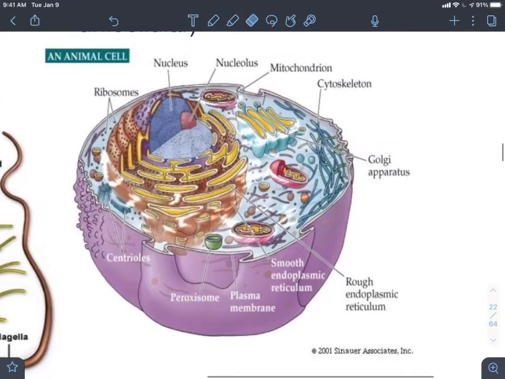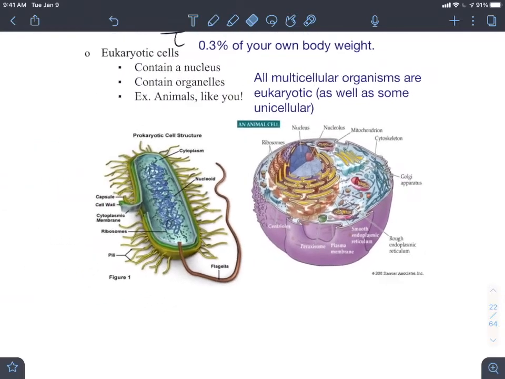Over here in the animal cell, which is one example of a eukaryotic cell, we notice a lot of other things. I'm going to expect that you will learn all of these terms, specifically for a project that we're going to do. I don't typically test too much on the specifics here, but we do need to know them as we use them in future units. So you do need to know the parts of your cell.